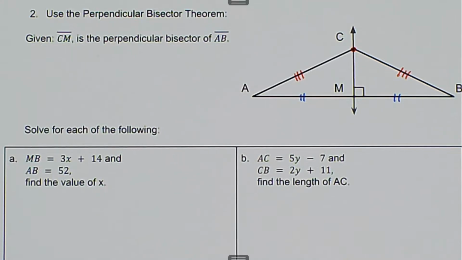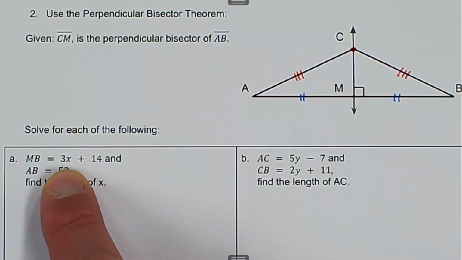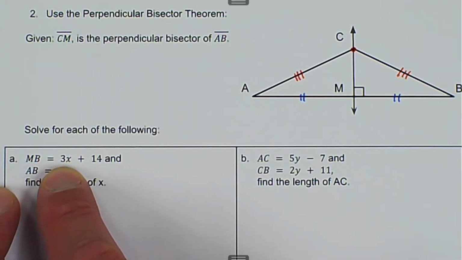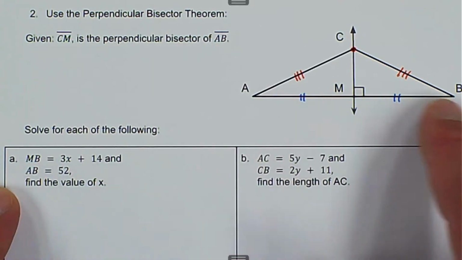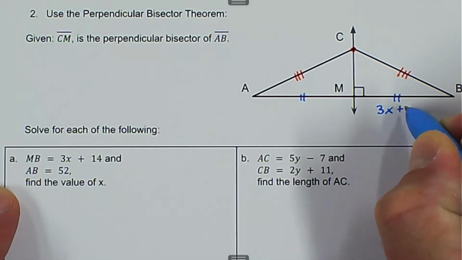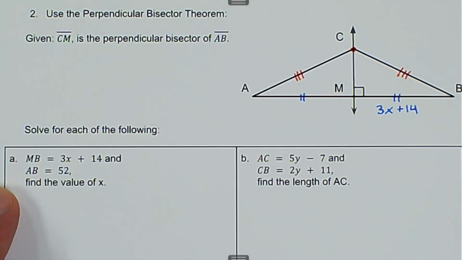Now we can add some information to our drawing. Here it says the distance from M to B is equal to 3x plus 14. So M to B is going to be 3x plus 14.